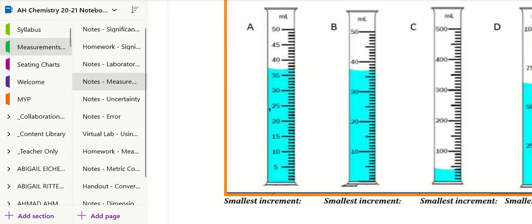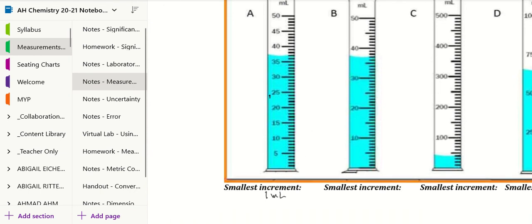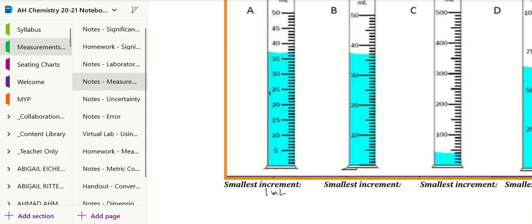So what is the smallest increment on the graduated cylinder in A? What do each of the lines represent? 1 milliliter. So we should be able to read down to the 1 milliliter. So what did you guys report as the volume? What can we read? 37. Okay, so we can read the 3, right?